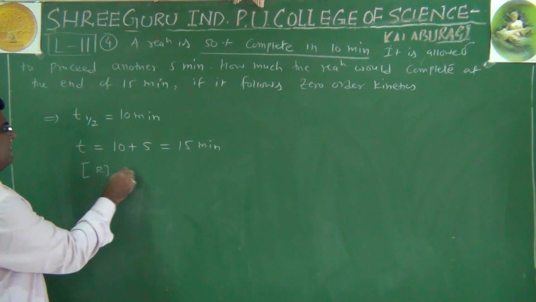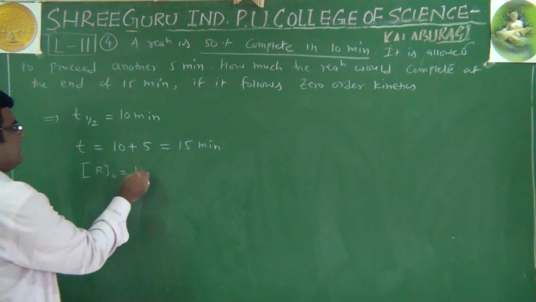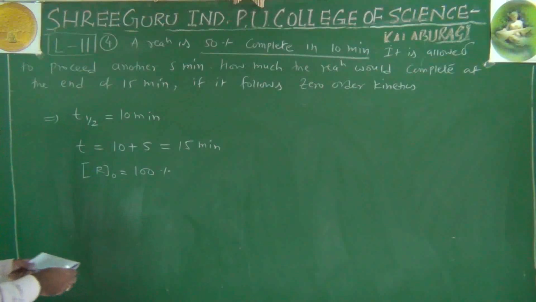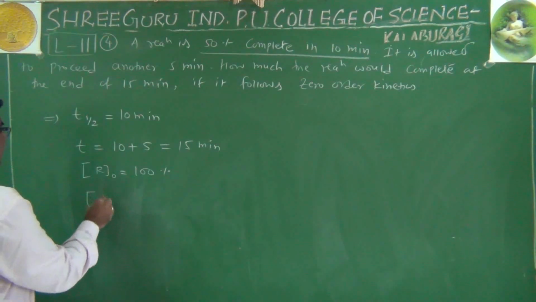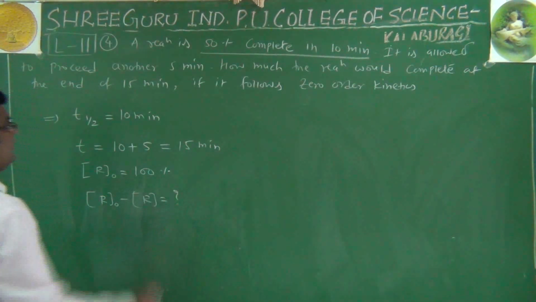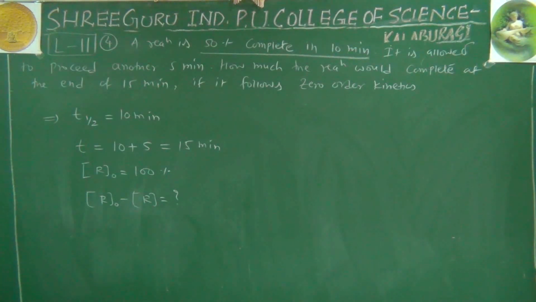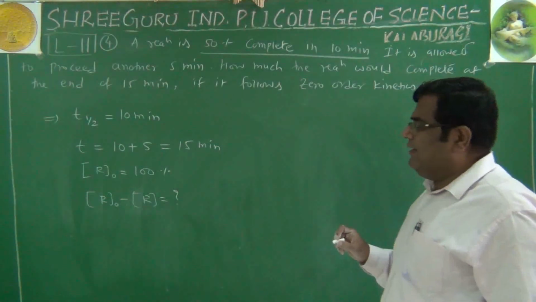So when they ask percentage wise, we can write this as: 100% is the R0 value here, and we can calculate how much of the reaction would complete, means we can calculate R0 minus R, because this is the amount of reaction completed. So they are asking X, which is R0 minus R.